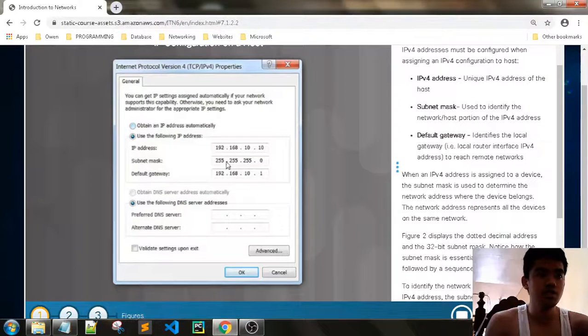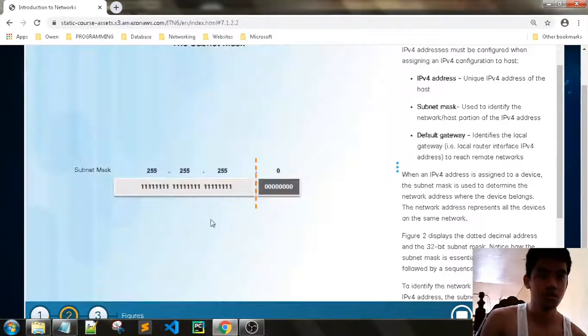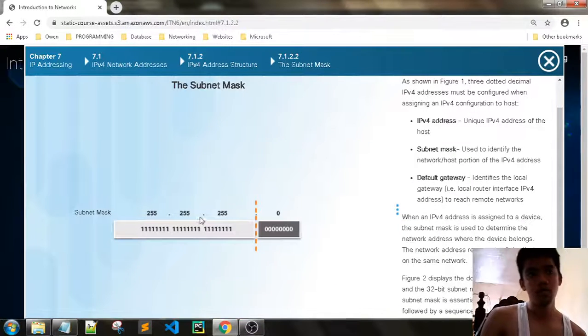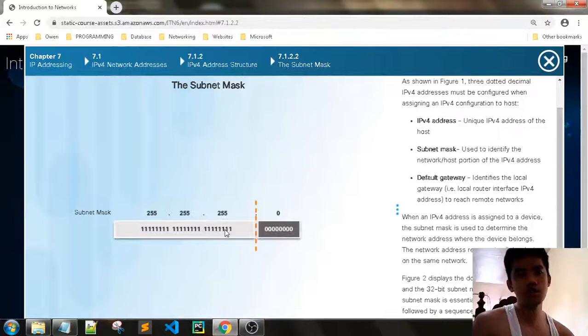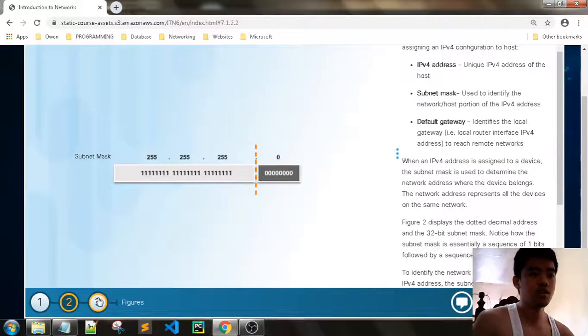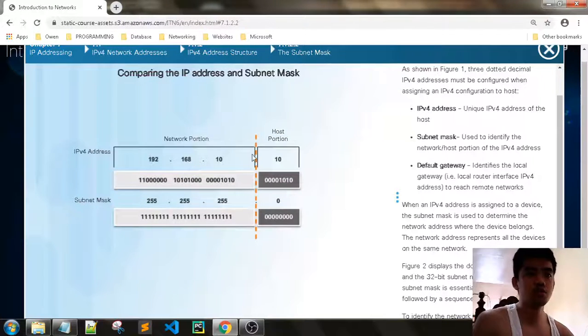The subnet mask here is /24, meaning 24 bits from the left are the network portion, the ones. Once it reaches 0, it would be the host portion.